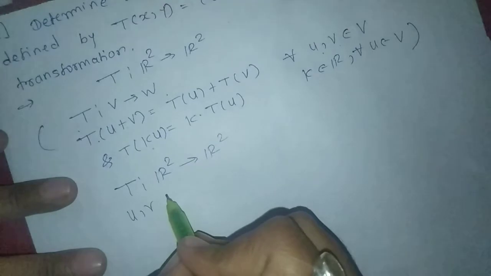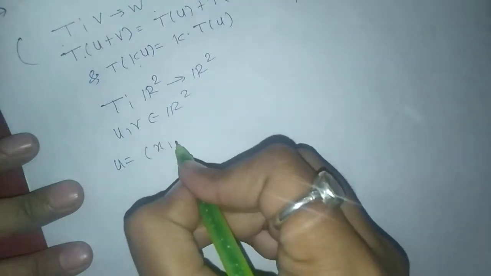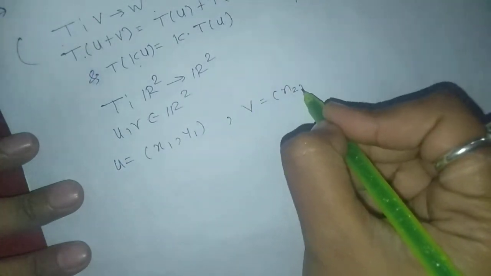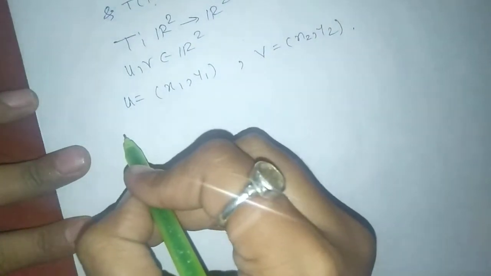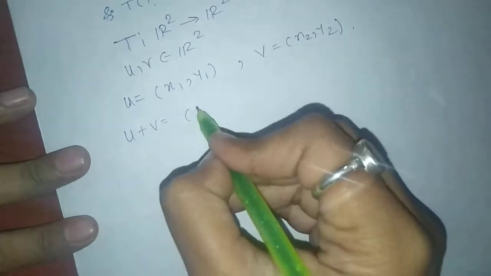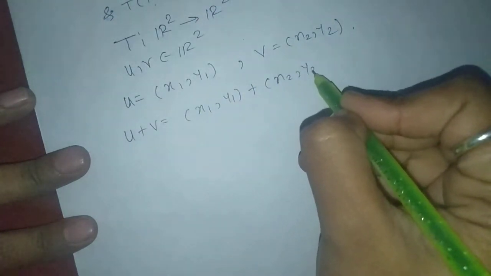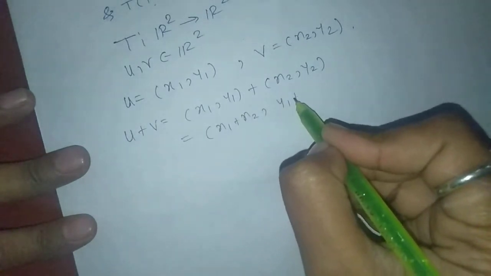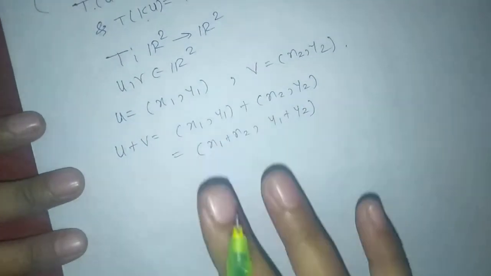Now take two elements of R2, U equal to x1 y1 and V equal to x2 y2. Now take the addition of these two, we get U plus V equal to x1 y1 plus x2 y2 equal to x1 plus x2, y1 plus y2. Here we took addition coordinate wise.